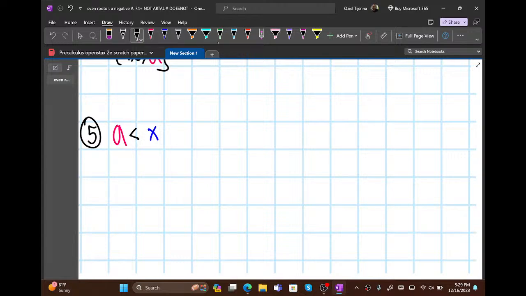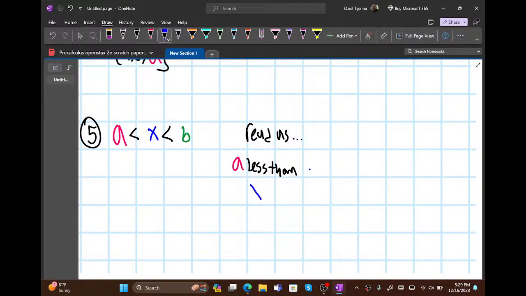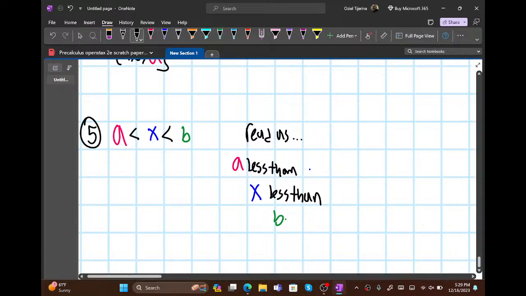So this is read as a less than x less than b. Or we also say a is less than x, which is less than b.